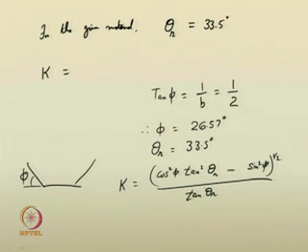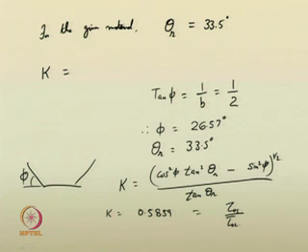Now you can find K. Substitute the quantities; I have got the value as 0.5859, you can verify them. So, this is nothing but the ratio of unit tractive force on the sides divided by unit tractive force on the bed.